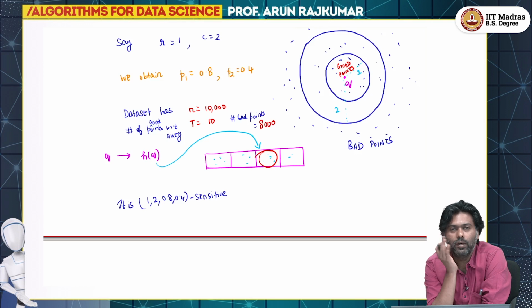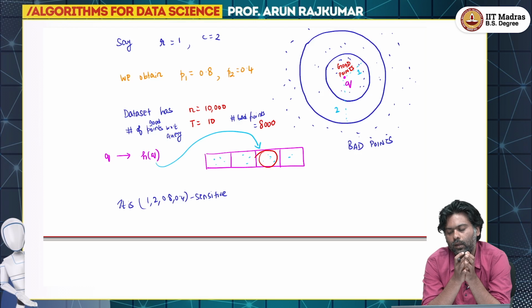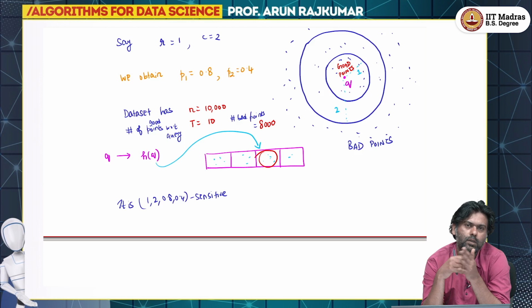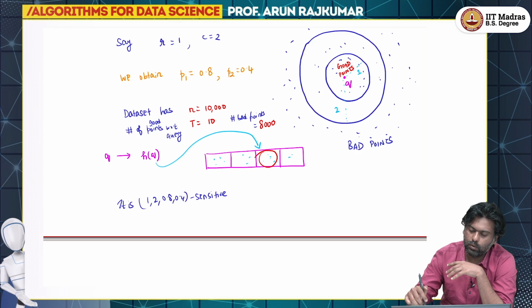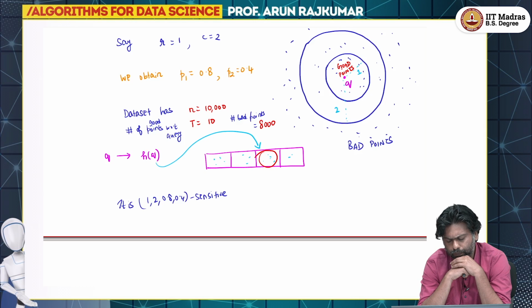So out of the 10,000 points, there are 10 points within a distance of 1. There are 8,000 points within a distance greater than 2. Which means there are about 2,000 points within a distance of 1 to 2, which is okay for us. I'm more worried about the points which are far apart, more than 2 away.